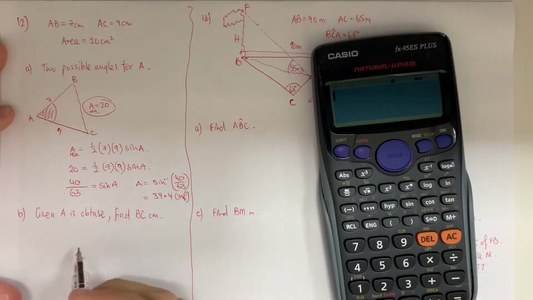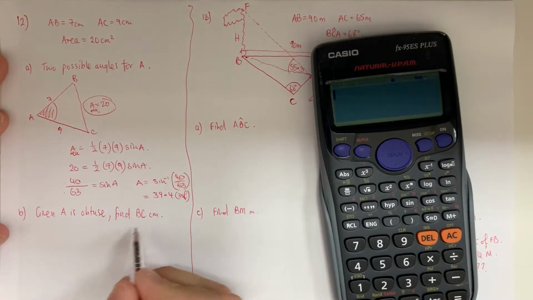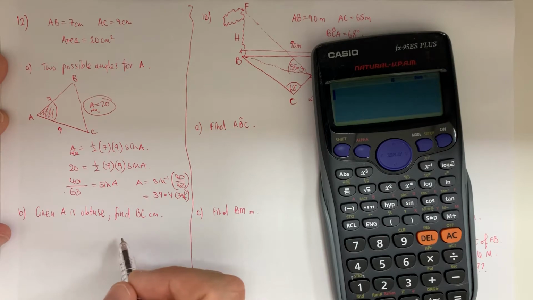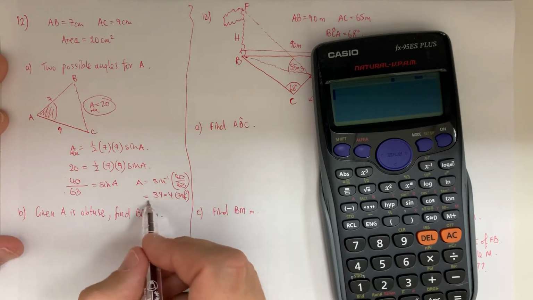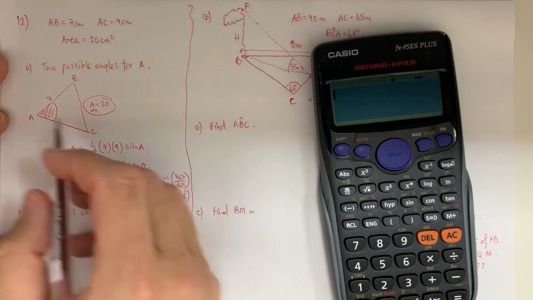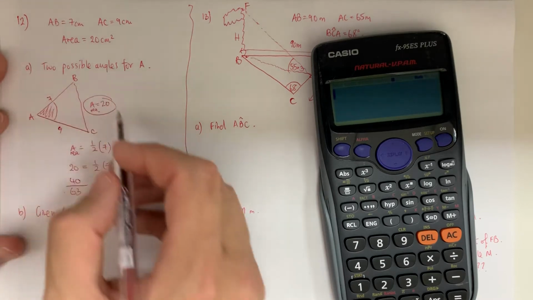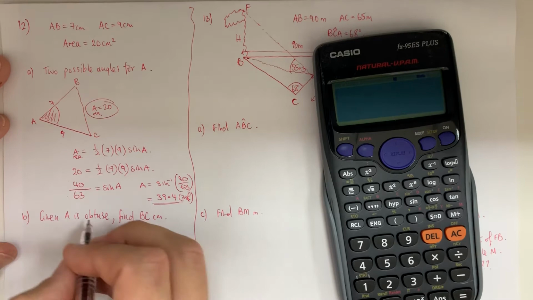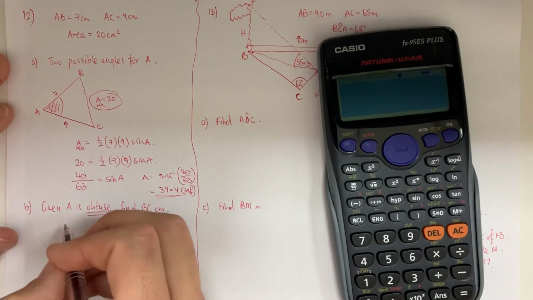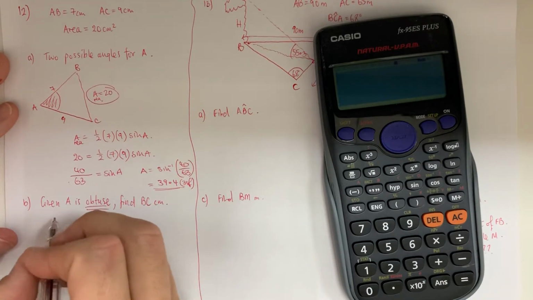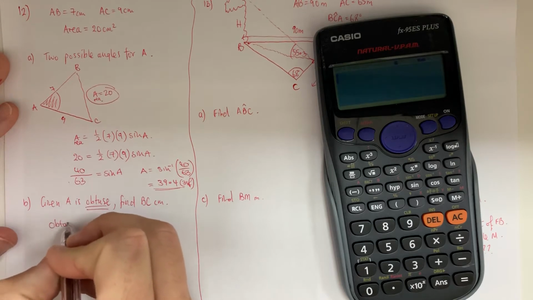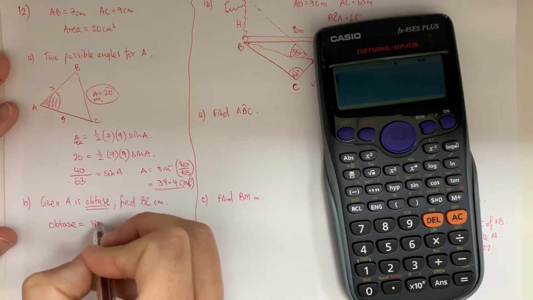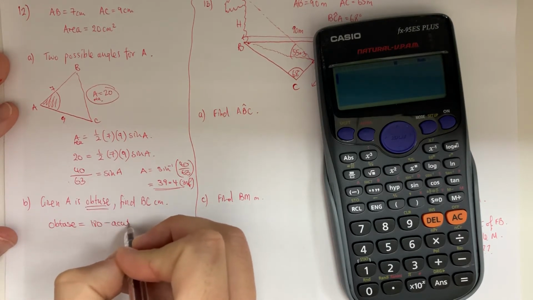Then it says, given A is obtuse, find BC. So this is the acute angle, because we don't know whether this is obtuse or acute. We've just calculated the acute angle. So to find the obtuse, a little bit of extra knowledge: obtuse is equal to 180 minus the acute angle.